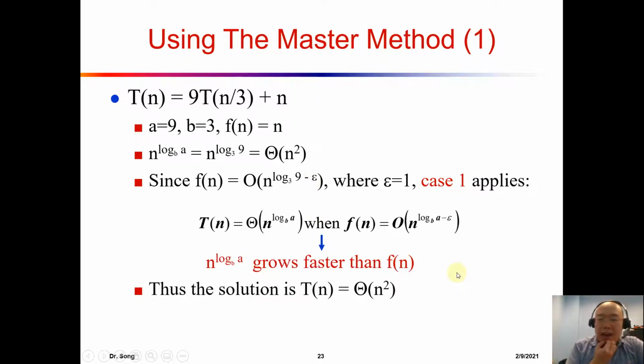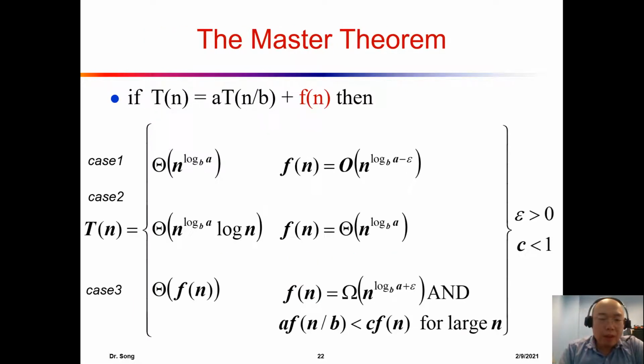So in other words, we can say n to the log_b a grows faster than Fn, because n to the log_b a is n squared, and n squared grows faster than Fn because Fn is n itself. So in this case, what's the solution? The solution is theta of n to the log_b a.